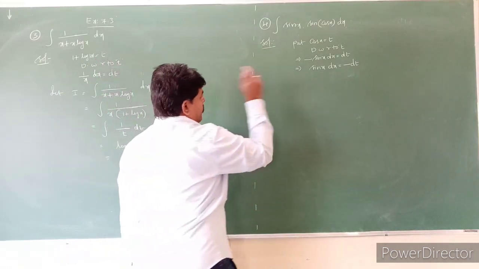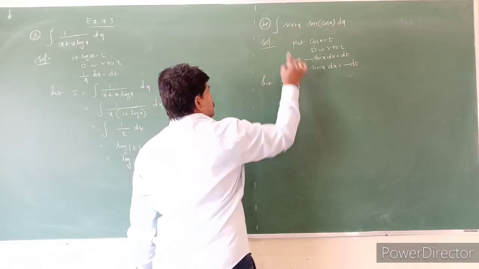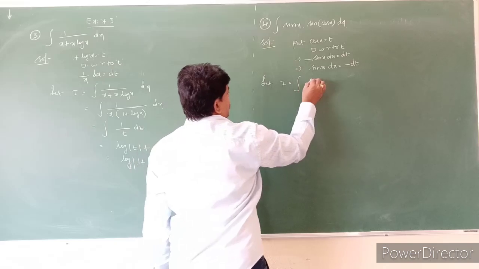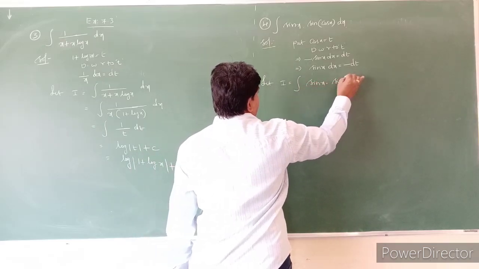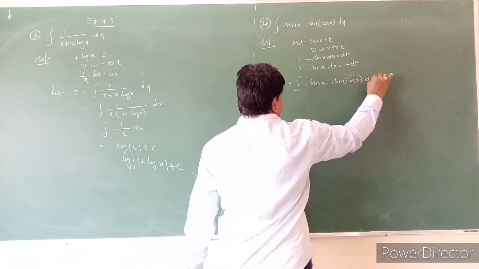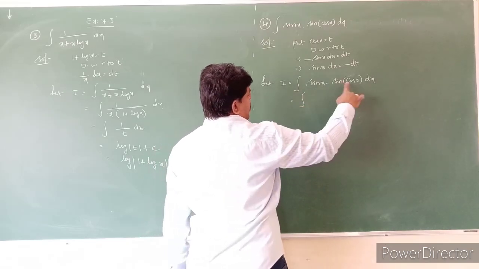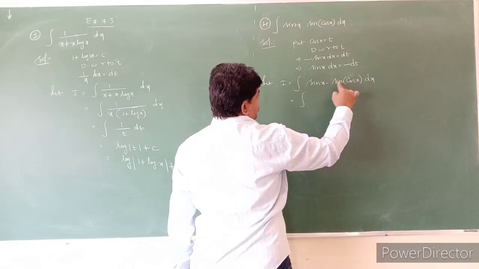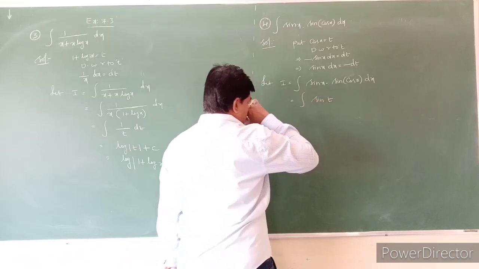So the problem is, let I be the given function. Sin x into sin of cos x into dx. What happens, students? See this term, sin of cos x is nothing but sin t.